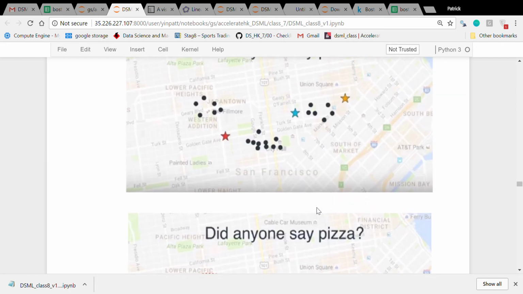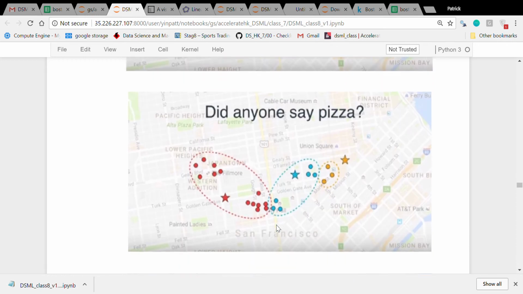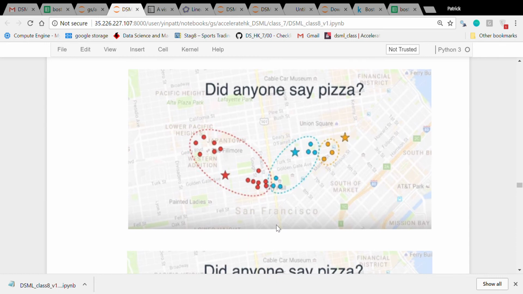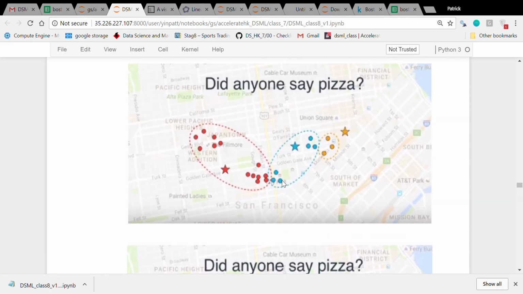Okay, if I draw 3 groups, I'm gonna draw like 1, 2, and 3. And the optimized position should be in the center of the cluster. But in this case, it's not optimized. So what the model does is it moves towards the center of its colored group. Okay.